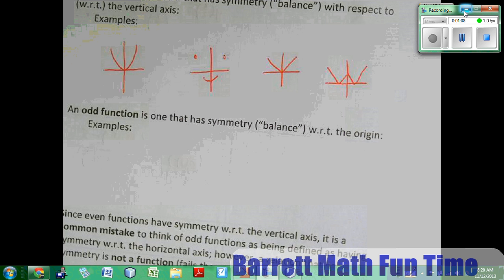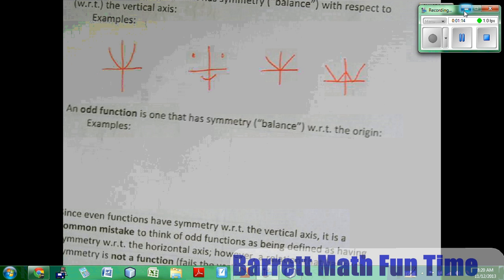Those are all even. Why are they all even? Because they're symmetrical along the vertical axis.